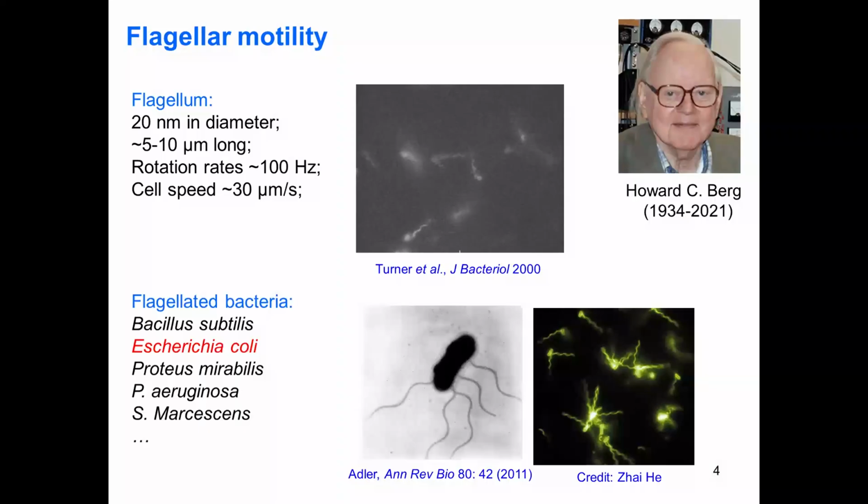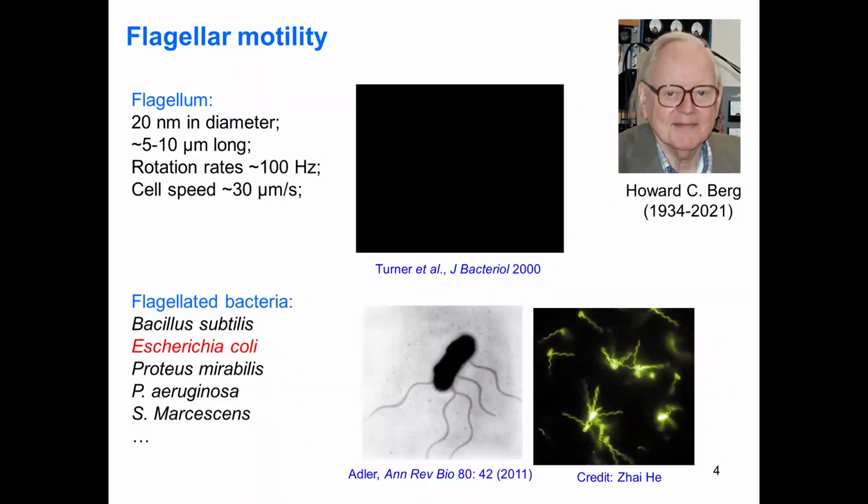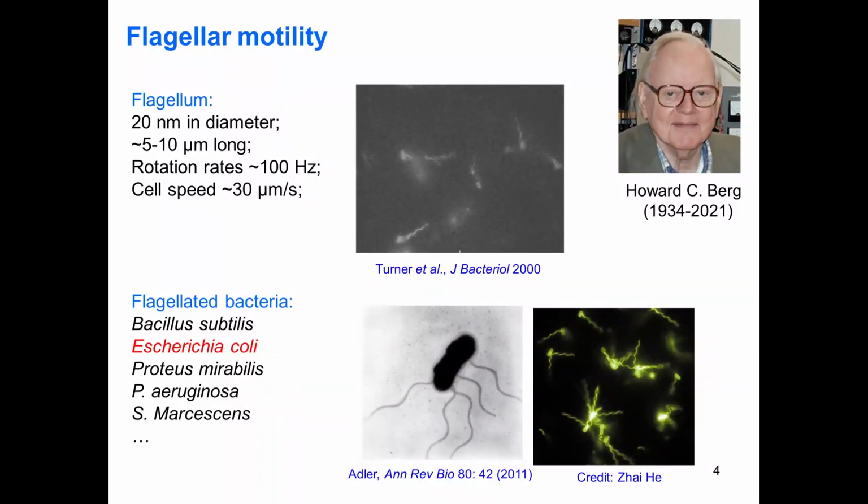For instance, many bacteria have a so-called flagellar motility, and as you can see, they use helical-shaped filaments appended on the cell surface to drive their motion through a fluid. So they convert chemical energy from the surroundings into mechanical work.